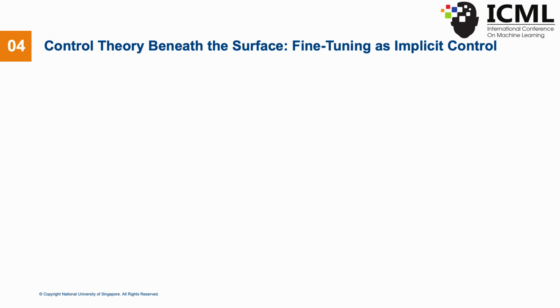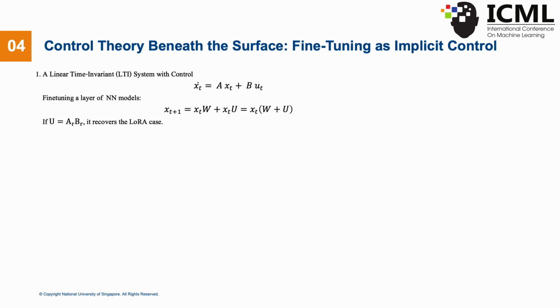The connection between control systems and fine-tuning goes beyond this architectural level. Consider an LTI system and a fine-tuning neural network. We have the dynamics of the original system as well as some control variables here. You can see they are very similar to each other. Moreover, if U equals A_r B_r, where A_r and B_r are both low-rank matrices, then we recover the LoRA case.